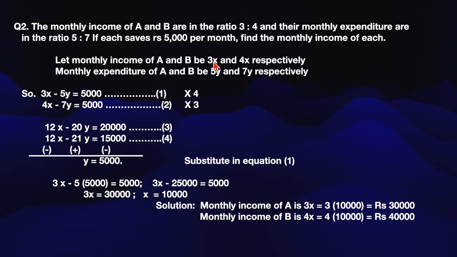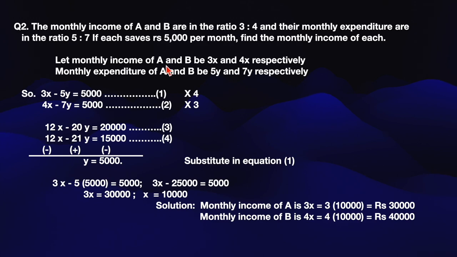Okay, now let us take A. He has a monthly income of 3x and the monthly expenditure of 5y. So 3x minus 5y is his saving. He saves 5,000. That means 3x, the monthly income, is more than his monthly expense by rupees 5,000. 3x minus 5y is 5,000.